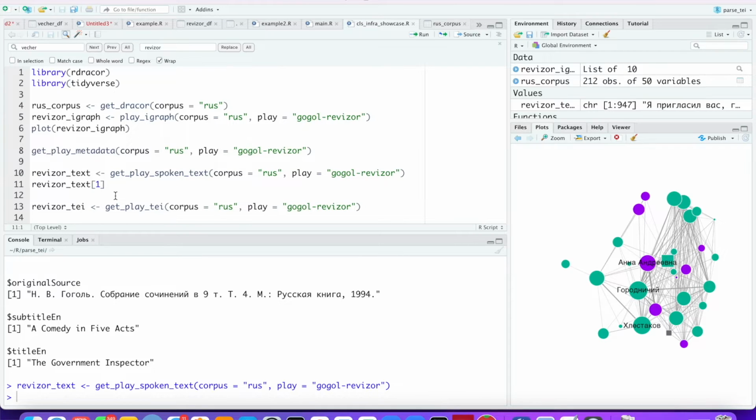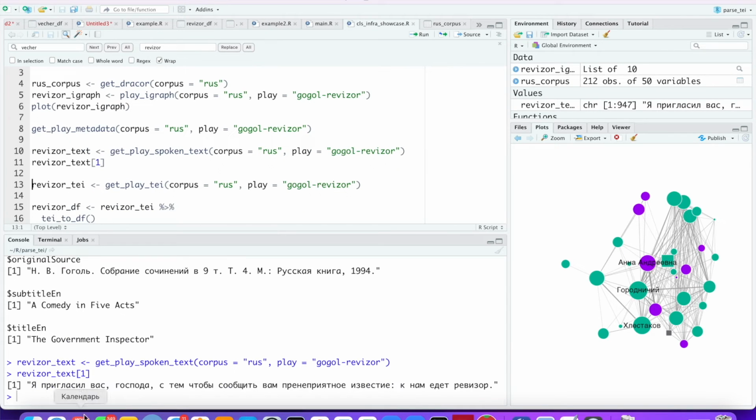Also, you can download the text of a play, just like a simple character vector. So I get the first line of this play. Я пригласил вас, господа, с тем, чтобы сообщить вам пренеприятное известие. К нам едет ревизор. Actually, the most famous line, I think, from the play.